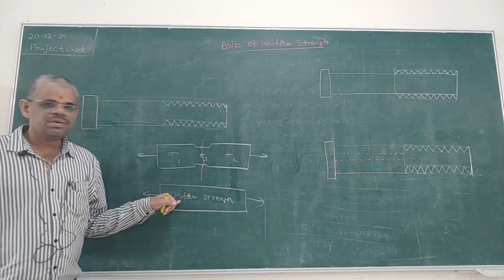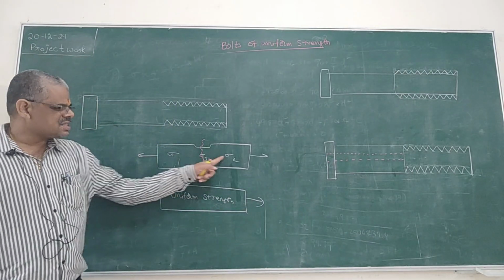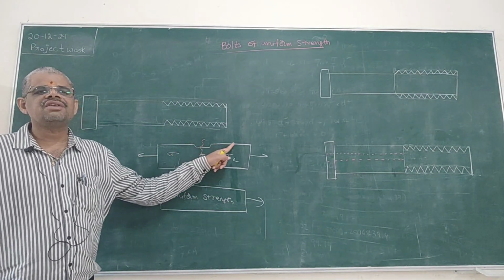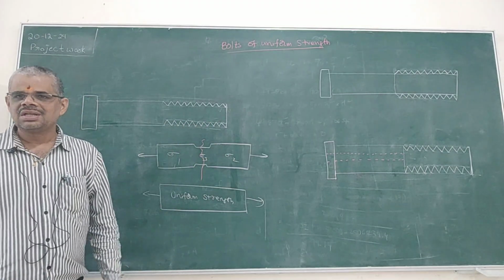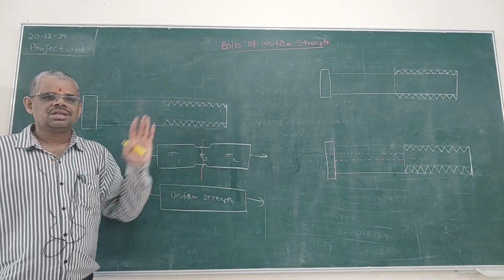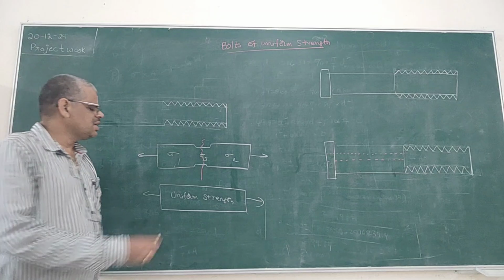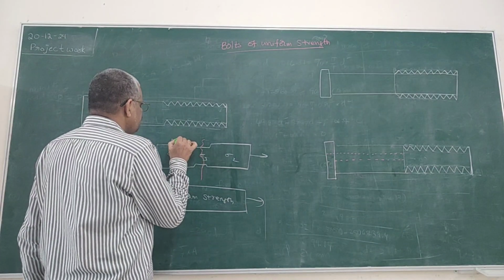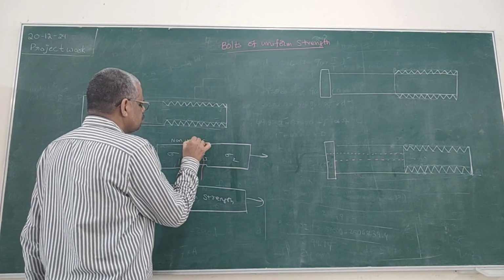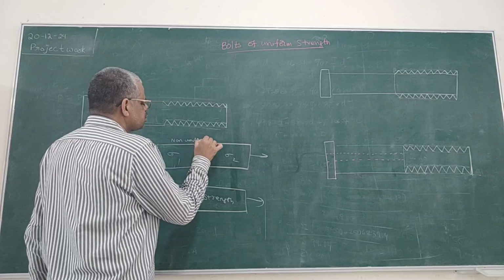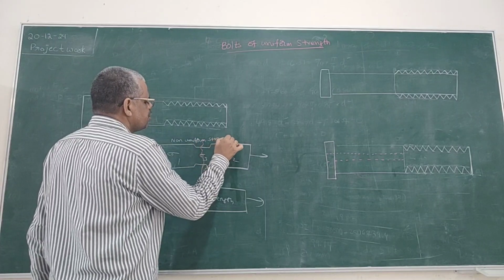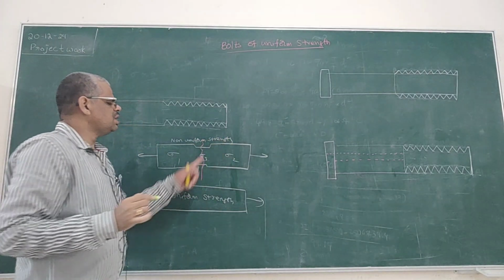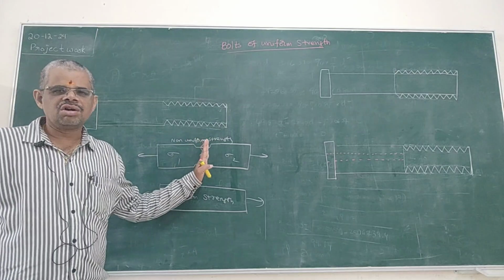But in this other case, since the cross-sectional area varies from place to place, the stresses developed also vary. So that's why this is a bar of non-uniform strength. Here the failure occurs at the minimum cross-sectional area. Definitely, no doubt in that.